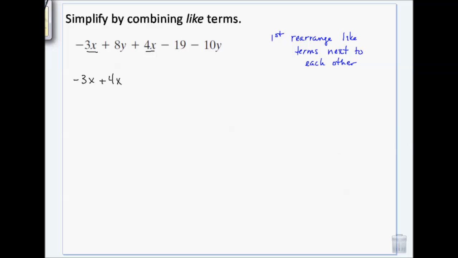Okay. 8y and negative 10y, those are the same. So I can put those next to each other. And then poor little 19 is all by himself. So I'll put him all by himself. And then combine them.